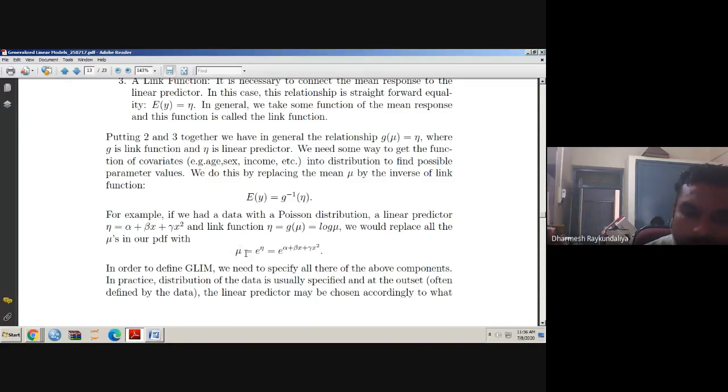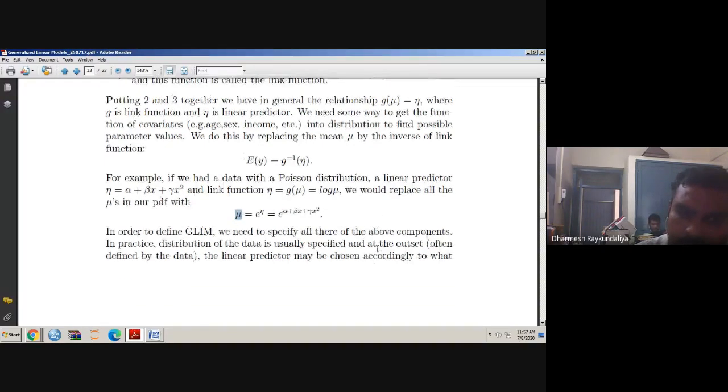So wherever mu appears, we replace it with this form, so that alpha, beta, gamma, meaning all the parameters of the covariates in the linear predictors, now enter into the likelihood function. Then we take the derivative with respect to the parameters of the likelihood function and obtain the estimate of the parameters. Once we have the estimates, we can easily obtain the expected response, and that is the end of the story.